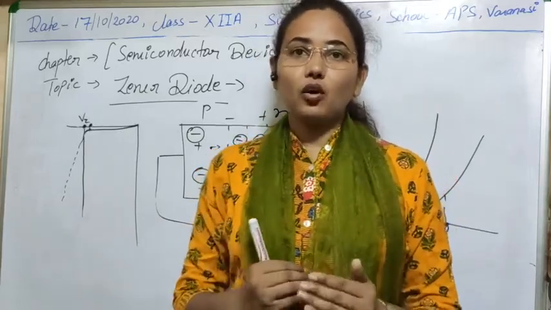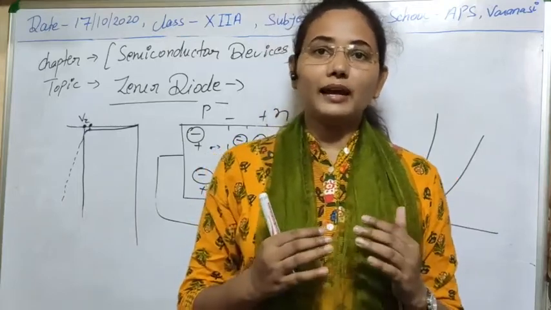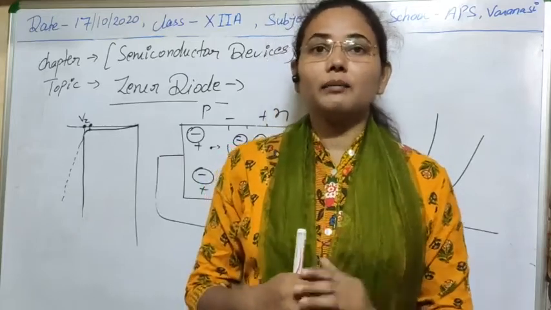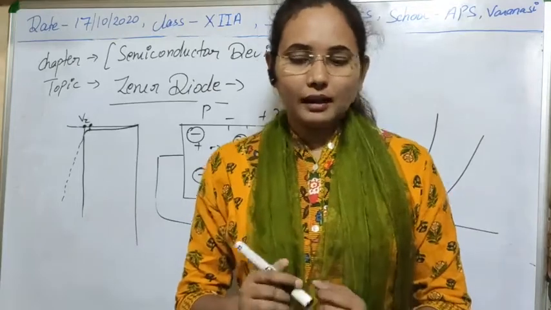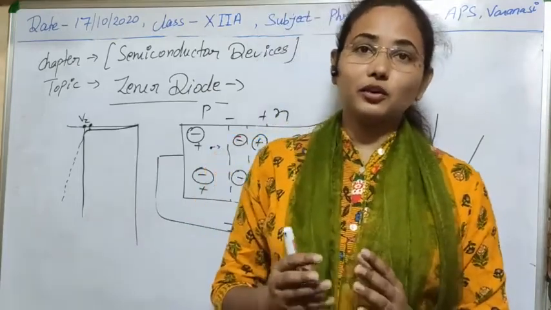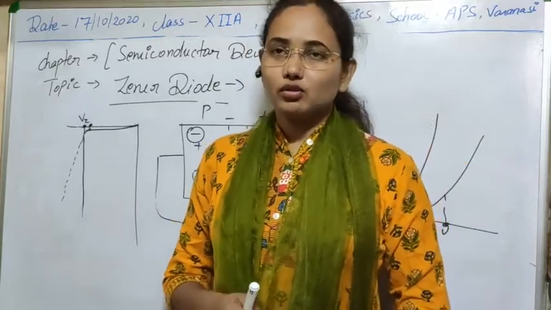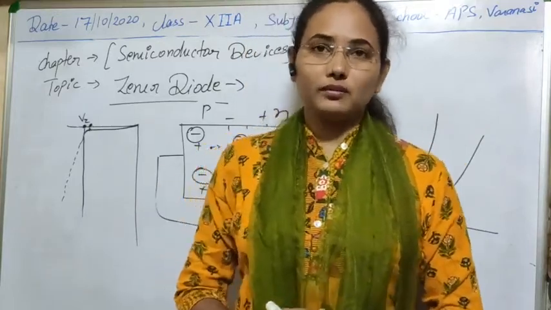Where we need a constant supply, constant current, and we want that supply not to be affected by the increase or decrease of voltage, we can use a Zener diode there. So I think the application of Zener diode and the purpose of making it is now clear to you. Next, let's see what is the photodiode.